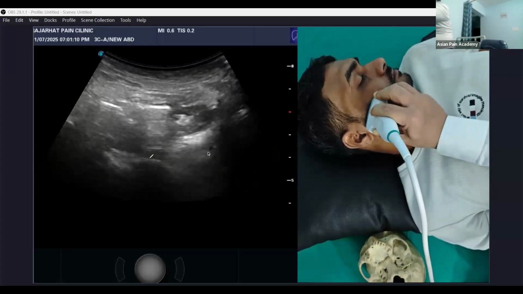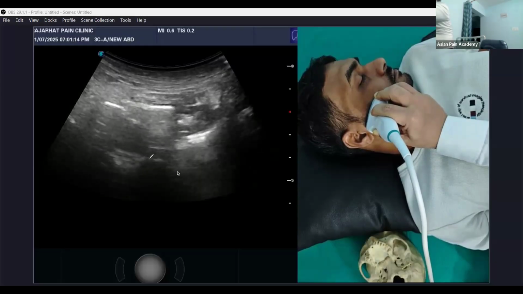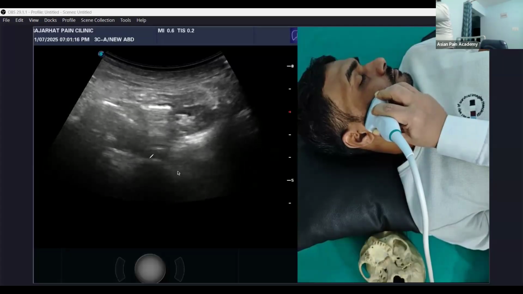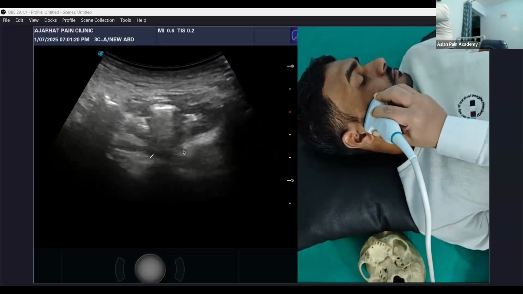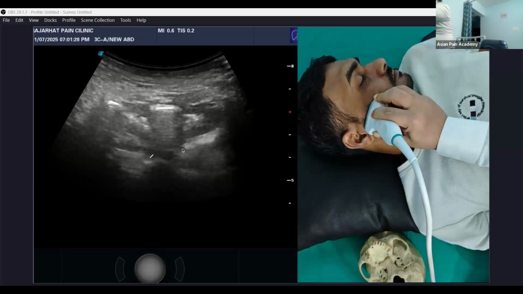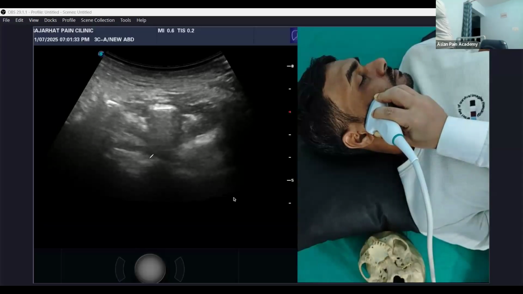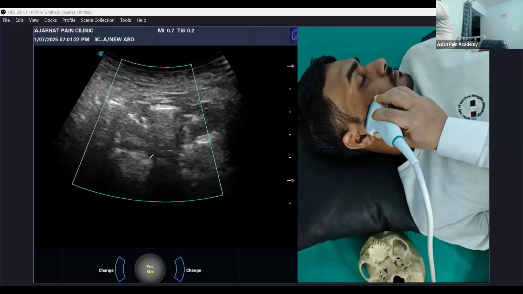So between these two, clearly, this is one vessel. Can you see this vessel? This vessel is going behind the pterygoid plate. This is associated with the mandibular branch.